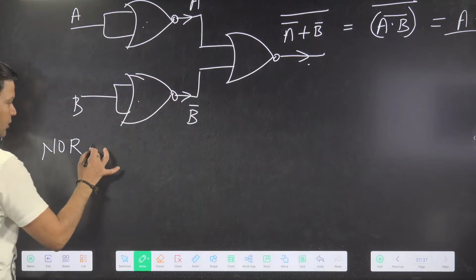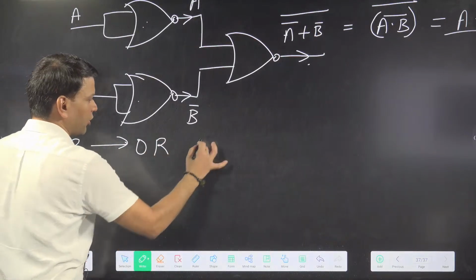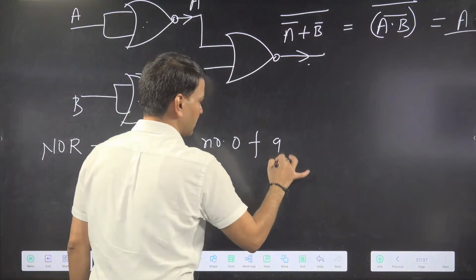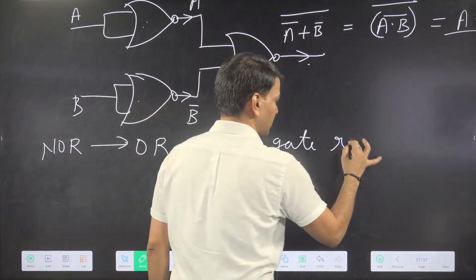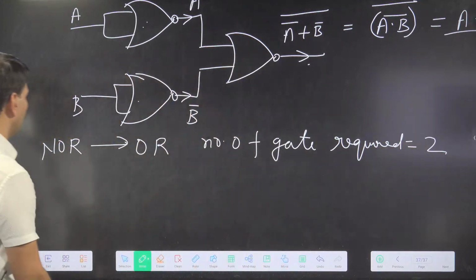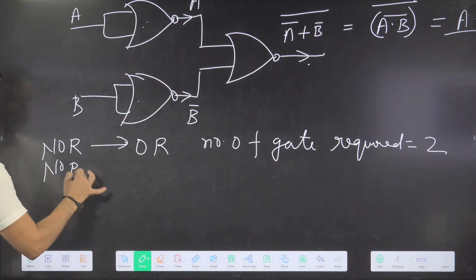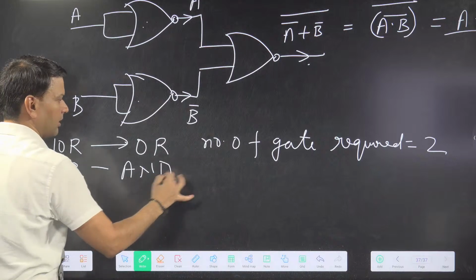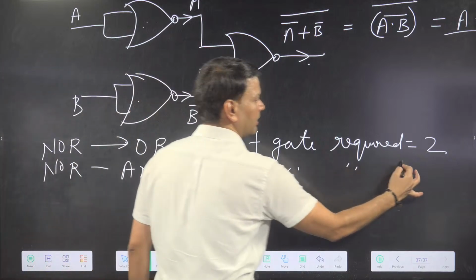So if you want to convert NOR gate to the OR gate, the number of gates required is equal to 2. Then NOR gate to the AND gate, the number of gates required is equal to 3.